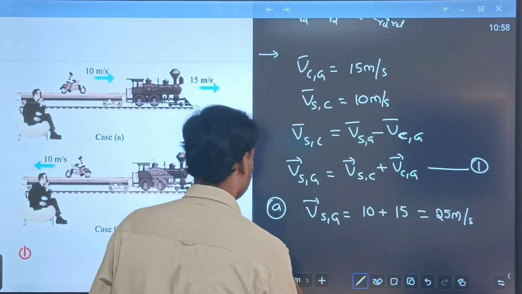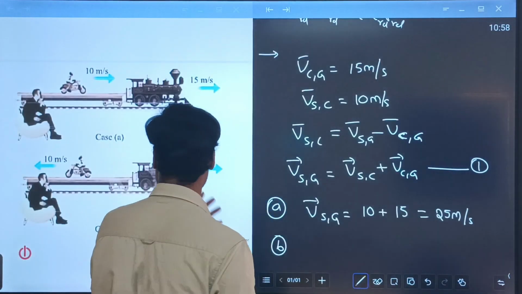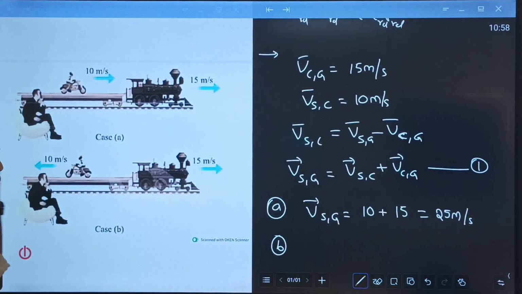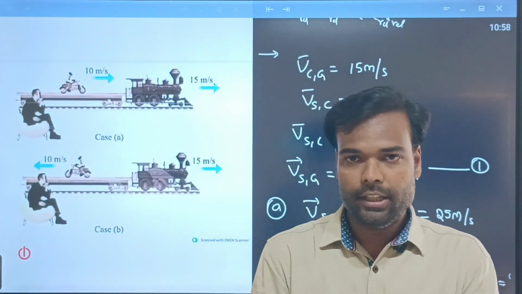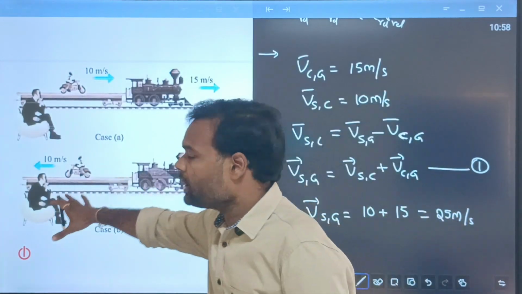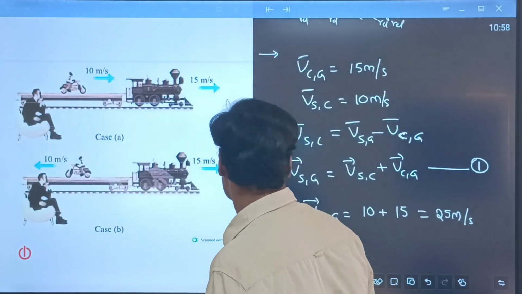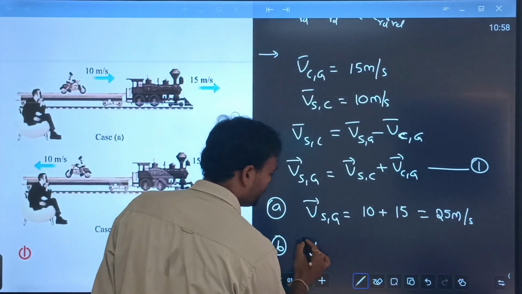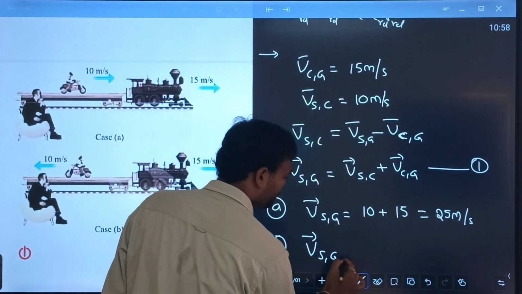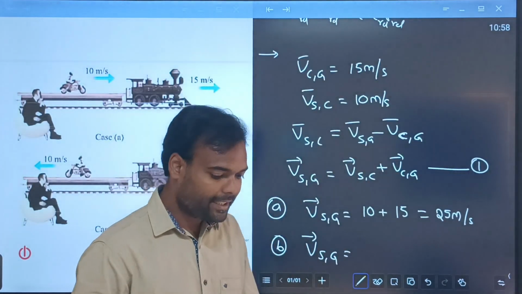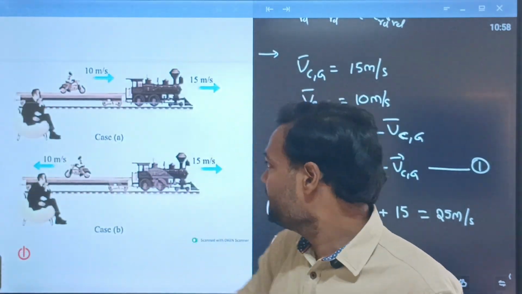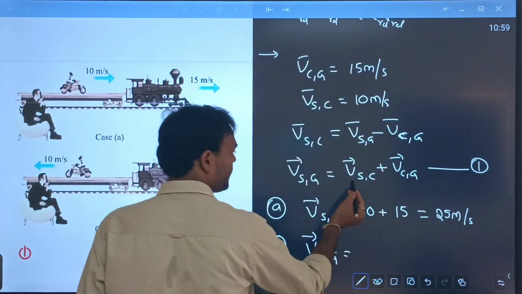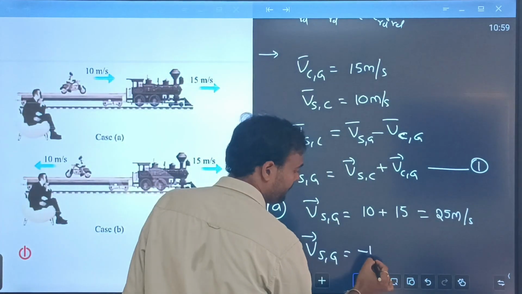Then the second part of the question says, if the scooter is moving in the backward direction, what would be the velocity of the scooter with respect to the observer again on the ground? In the second case, the scooter moves in the leftward direction with respect to the car, so we keep the velocity of scooter with respect to car as minus 10.